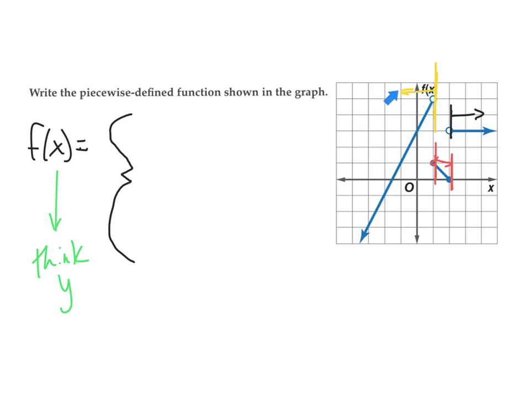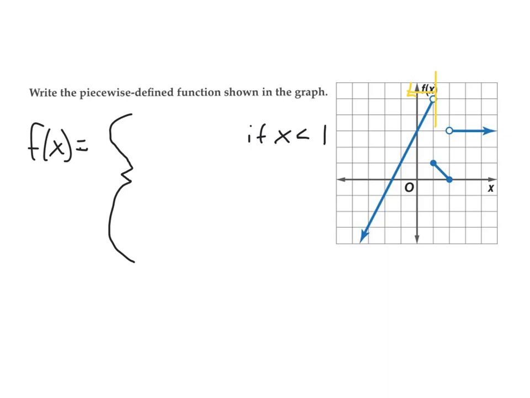What would my inequality be for that line, for this boundary, for this piece? X less than 1. Okay? The first boundary: if x is less than 1, based off of that yellow line, because to the left of that line, 1 is the x value. It's an open circle. That's why it's not or equal to. Okay? Questions on that?